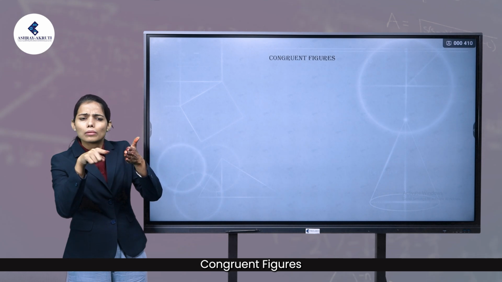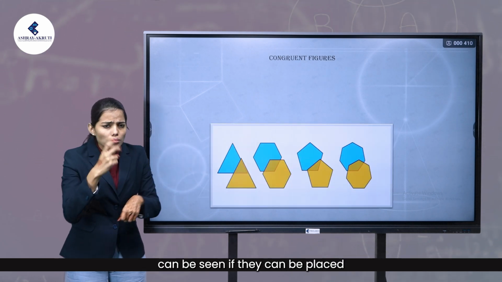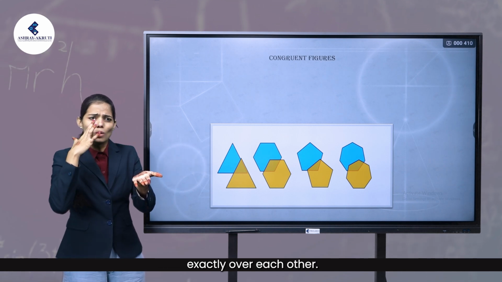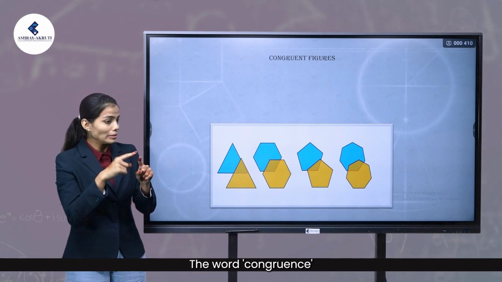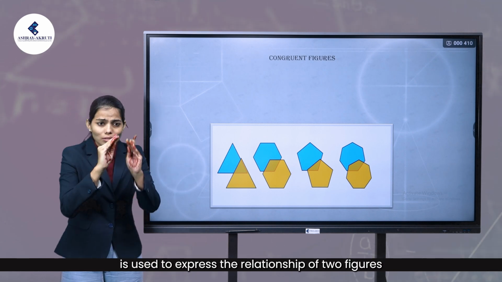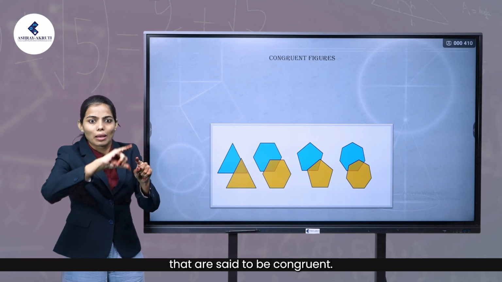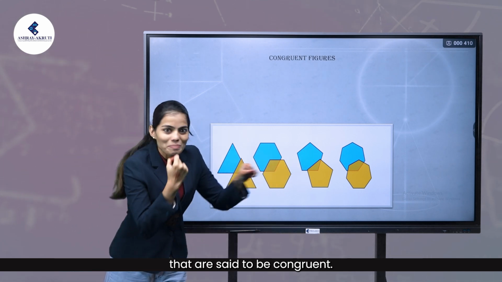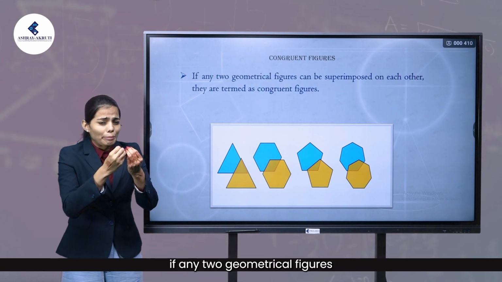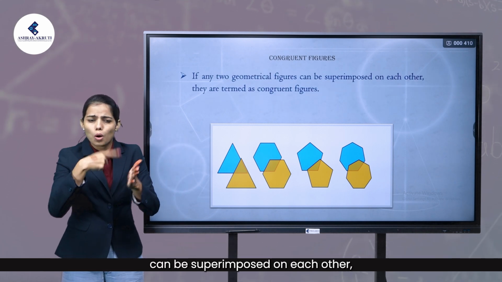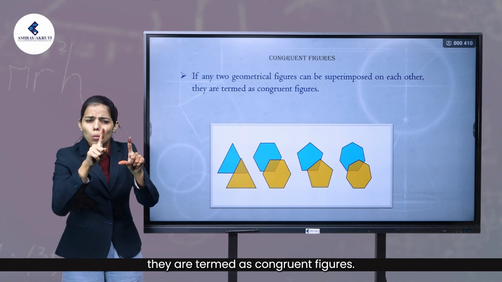Congruent figures. The congruence of any two figures can be seen if they can be placed exactly over each other. The word congruence is used to express the relationships of two figures that are said to be congruent. In other words, if any two geometrical figures can be superimposed on each other, they are termed as congruent figures.